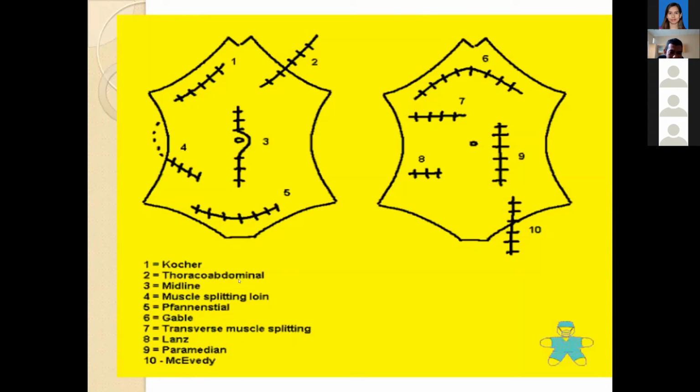Okay, number 5 is the Pfannenstiel incision. You have Lanz, and you also have gridiron here. I will show you later. McEvedy, do you know the McEvedy incision? This one, McEvedy, is for hernia.